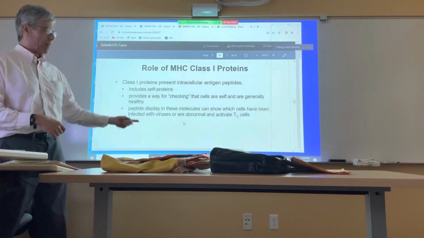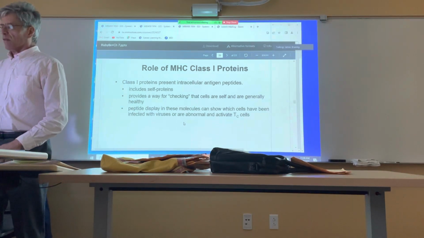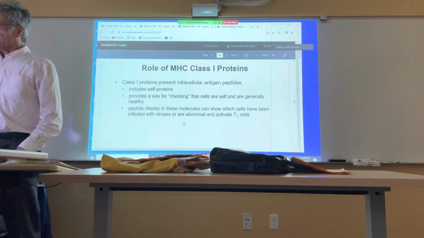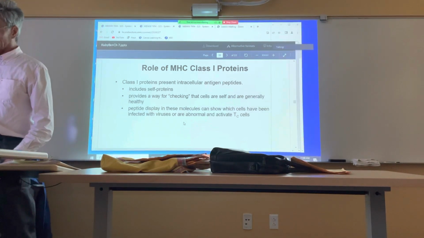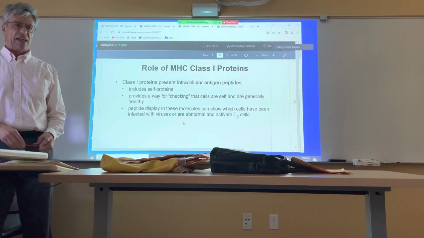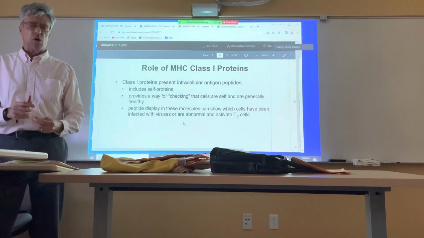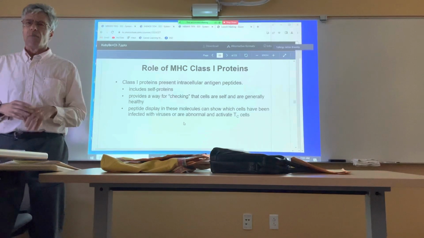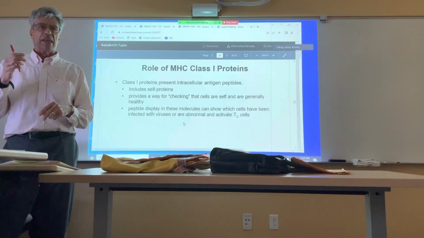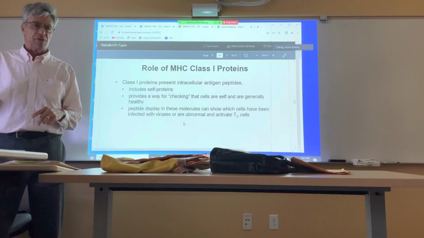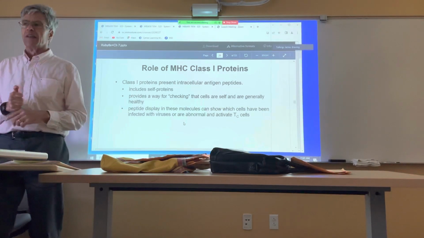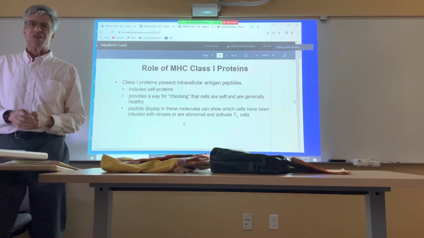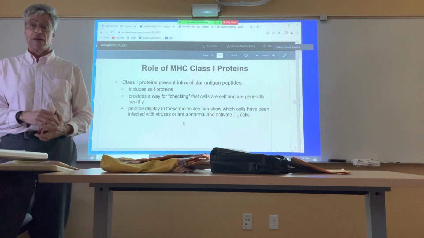And if there has been an infection with a virus, so we say class 1 expressing endogenous peptides, so that means yes, those good peptides made by the cell itself, but also endogenous, meaning produced on the cell's own ribosomes, perhaps by genetic material from an invader such as a virus.